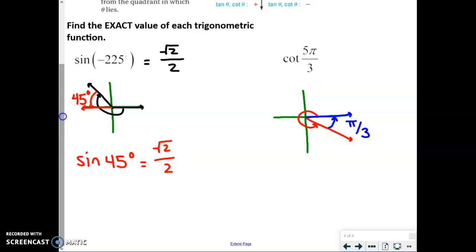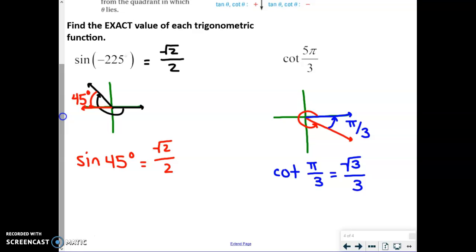So step number 2 is we are looking for what is the cotangent of 1/3 pi. And again, if you look at that chart that I gave you on the previous screen, the cotangent of 1/3 pi is the square root of 3 over 3.